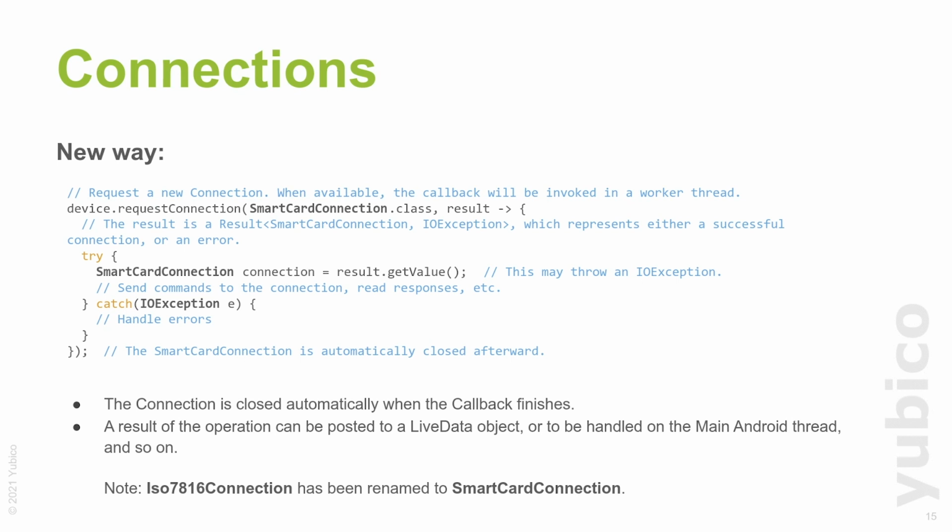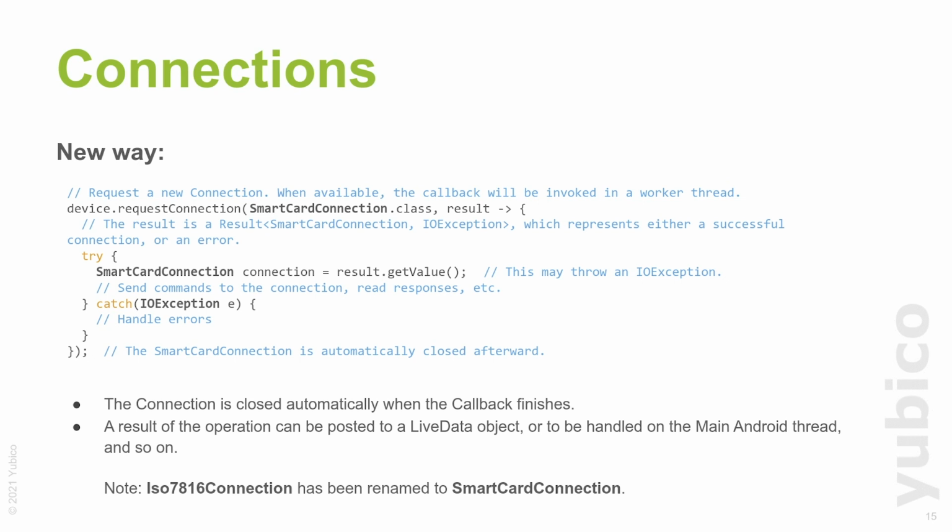You don't have to worry about if you're on the main thread or something else. And it will then queue up the request and invoke that callback handler once the request is open. And it will do that in a separate thread, so you'll be in that worker thread when that gets invoked. And again, we're using the same callback interface as we looked at before.